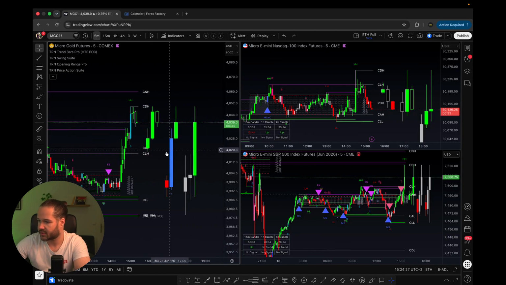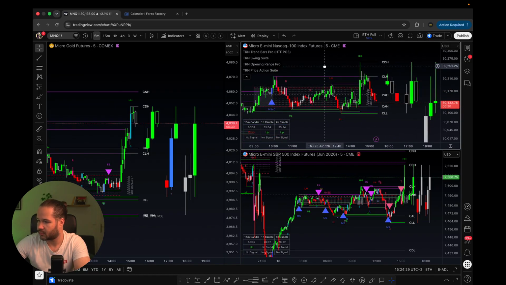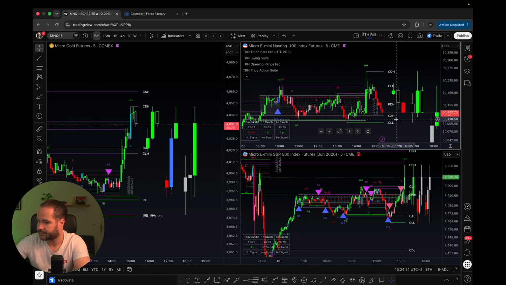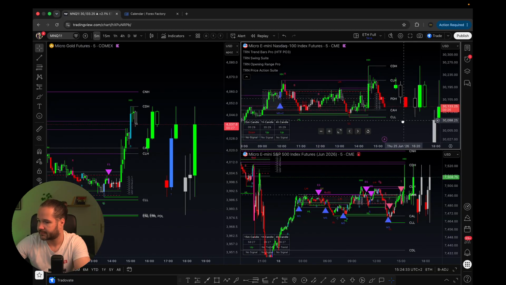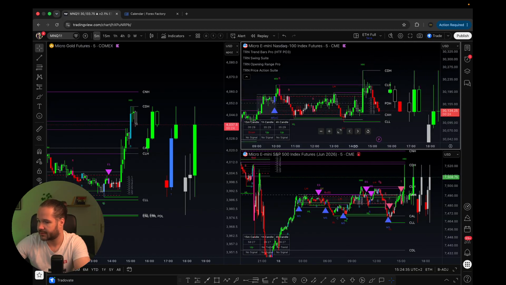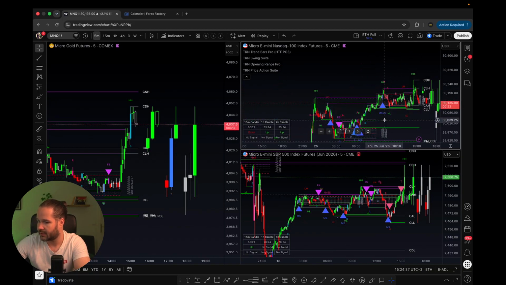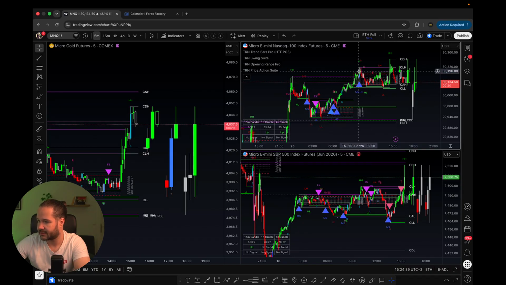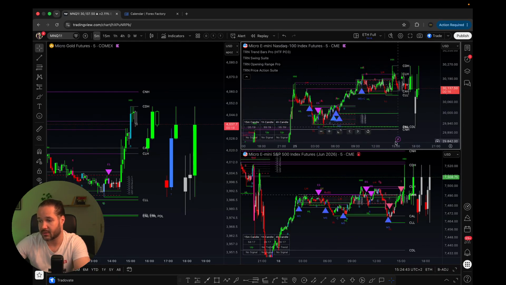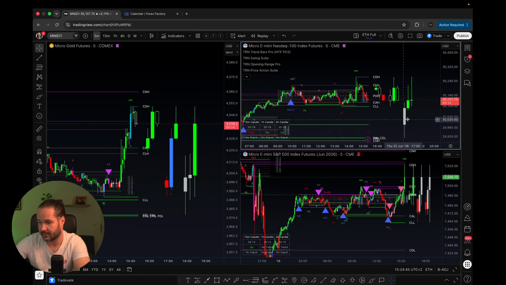Both would be possible. Gold is moving down now. Okay, maybe we grab the liquidity here. We came from an uptrend. This is not even a real downtrend, so I would trade a long signal here as well.